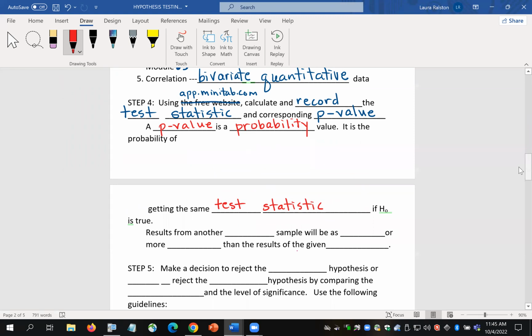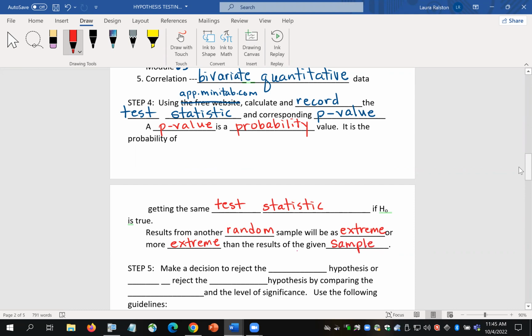Okay, it's the probability of getting the same test statistic over and over again if the null hypothesis is true, which means results from another random sample will be as extreme or more extreme than the results of the given sample.